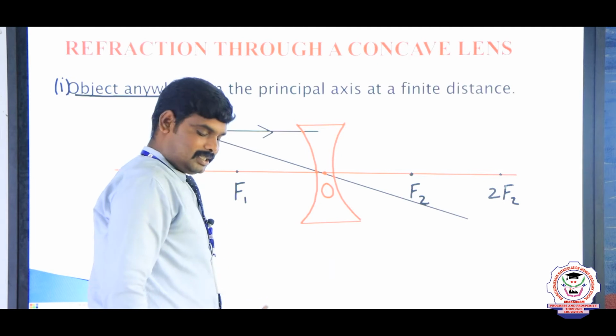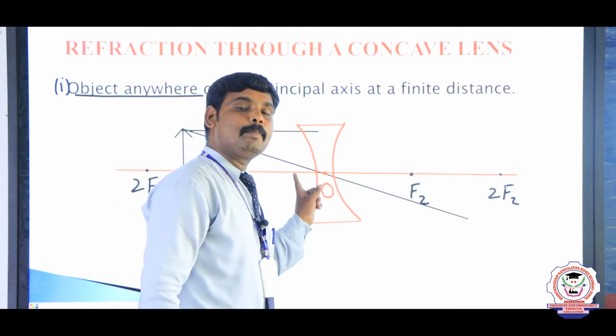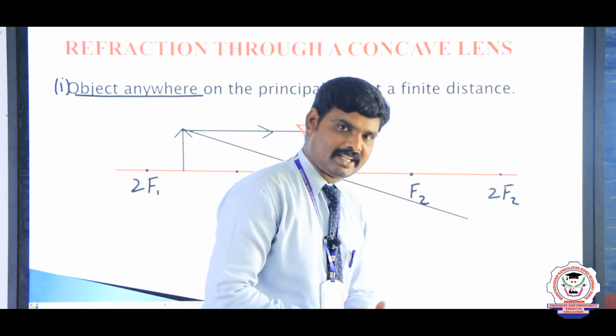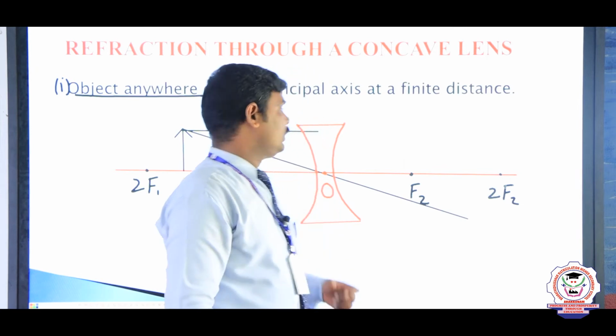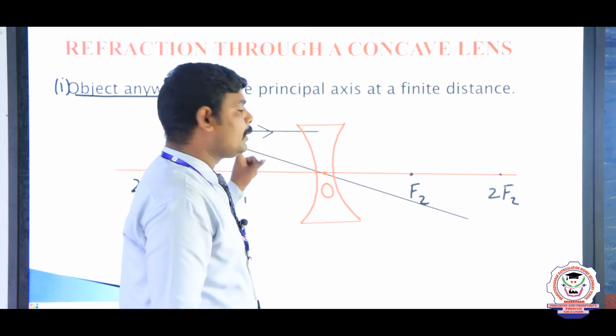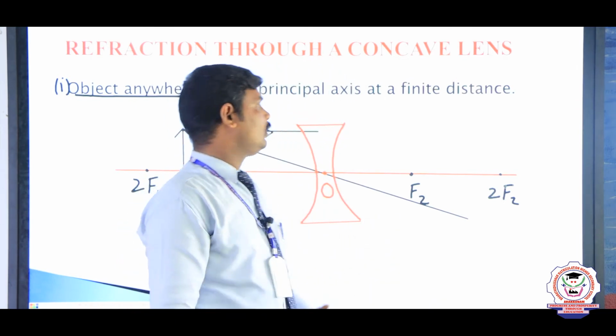We already studied the two rules. If the ray passes through the optic center, there is no refraction and no deviation, and if the line is parallel to the principal axis, it will pass through focus. Now I am using these two rules, right?